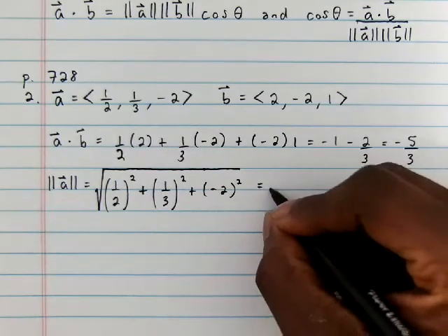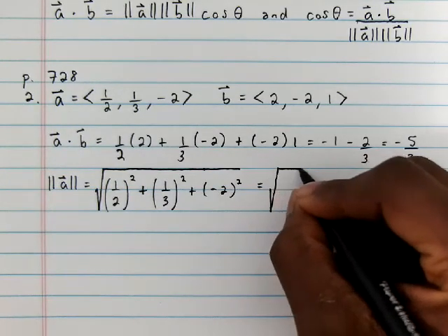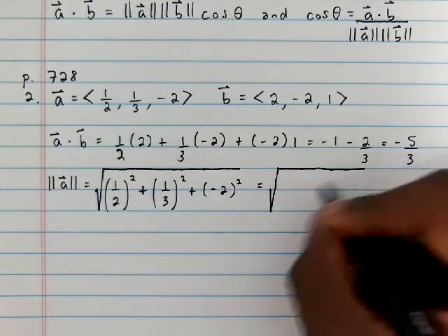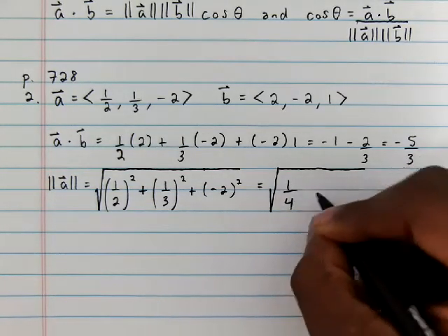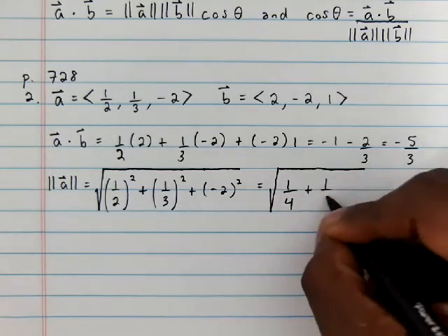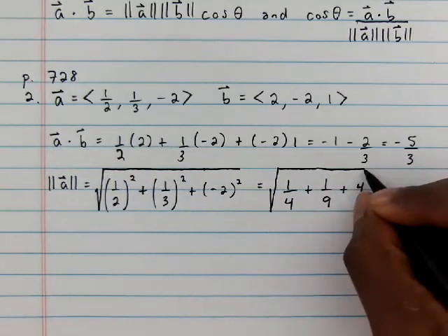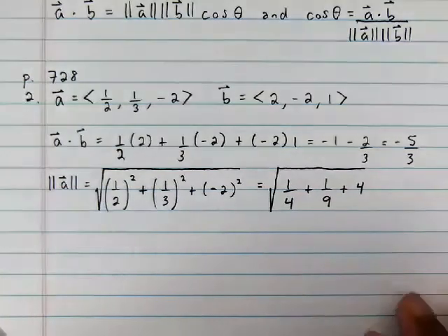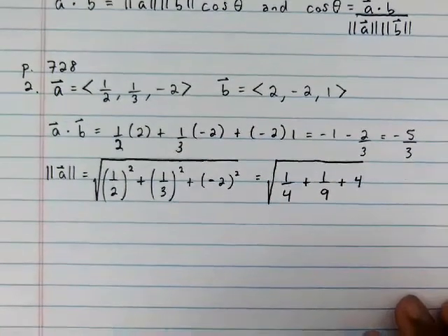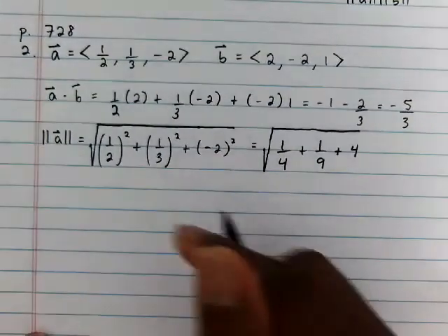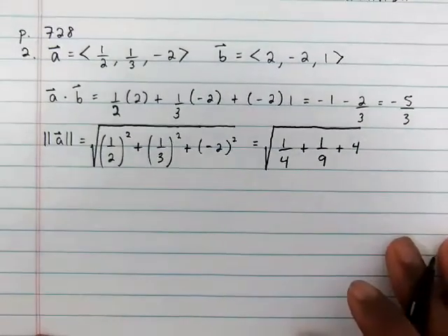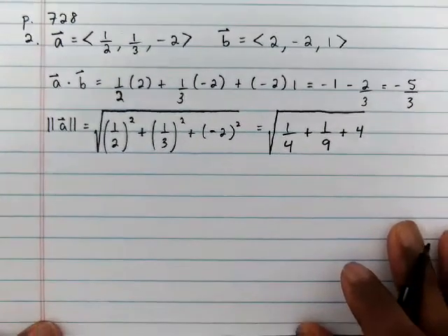So we end up with the square root of 1/4 plus 1/9 plus 4. We'll simplify this after I see what the magnitude of B is, to see how much we need to simplify.